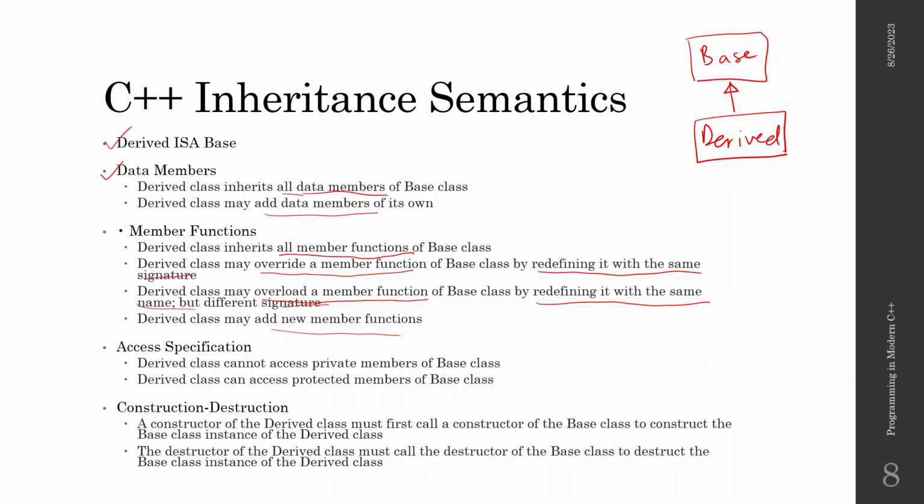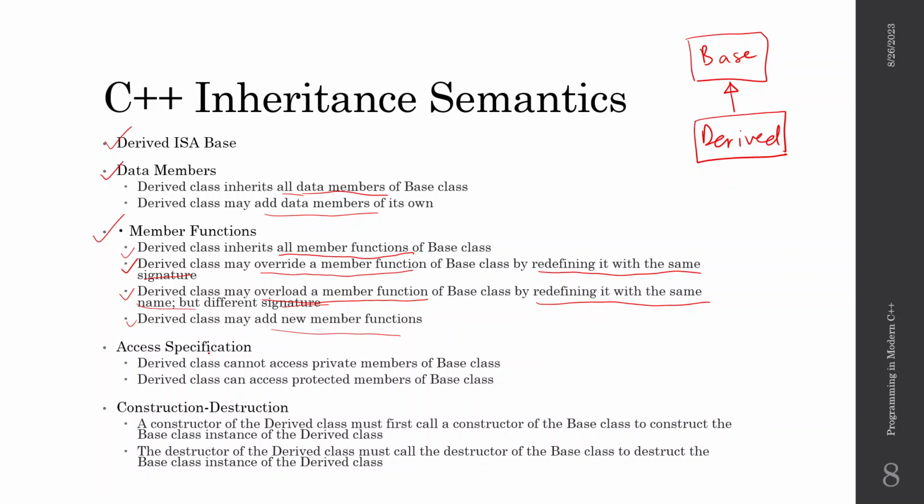Okay, so that is the case of overriding. But if you redefine it with a different signature, then it is similar to function overloading. Okay, so that is the case of the member functions.